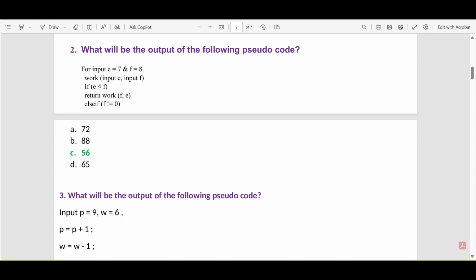And if e is less than f, then return. And here there is a line missing, so let me just give it here. After this we need to return f into e. Okay. See, else if f is not equal to 0, then we will be returning f into e. Okay. Now let's go for the first iteration.